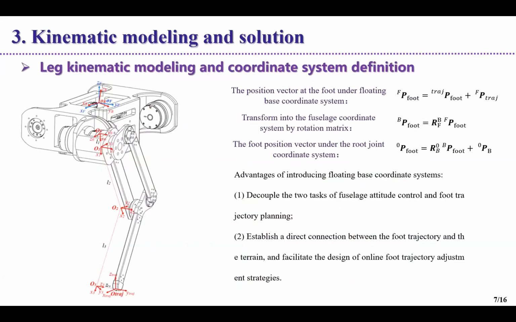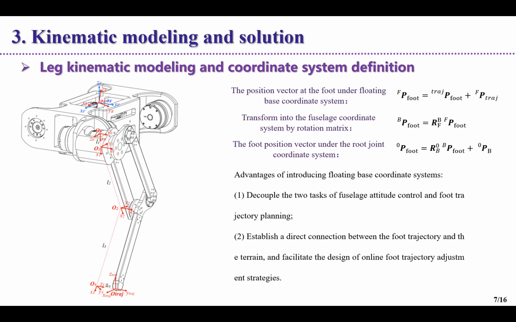And the next step is to model and solve the kinematics of the whole machine. The leg structure of the prototype is equivalent to a three-joint robotic arm.